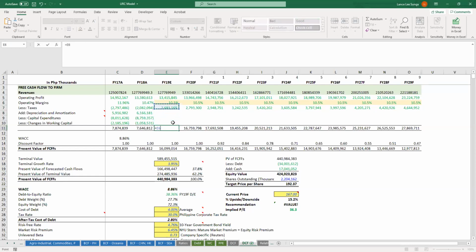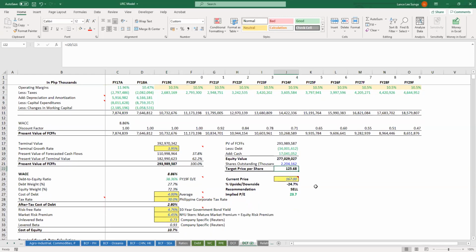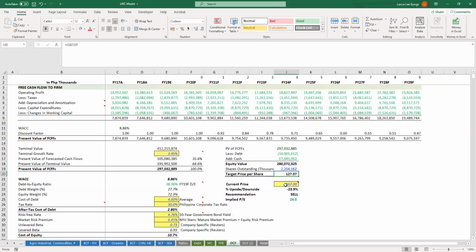And then subtract from operating profit, or EBIT, the taxes, and you arrive at 125.68, right? And the normal DCF gives 127.07.